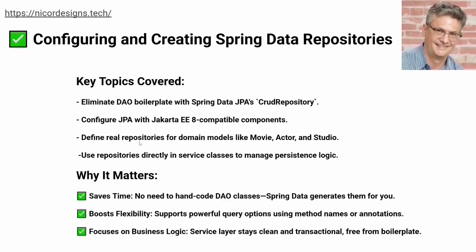We will define real repositories for our domain models like movie, actor, and studio. We will use these repositories directly in service classes to manage persistence logic. We do this to save time, to boost flexibility, and to focus on the business logic.